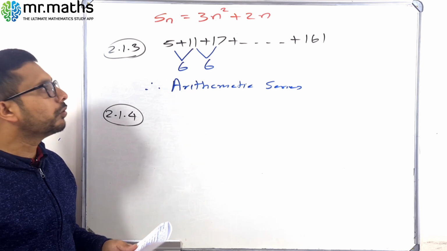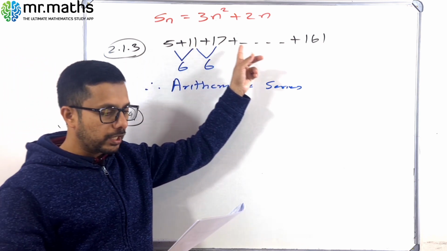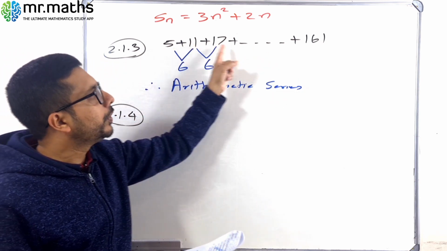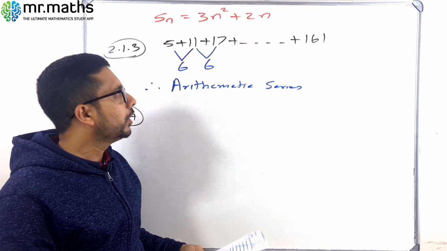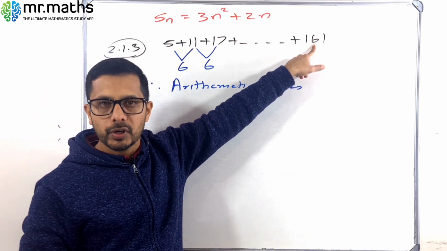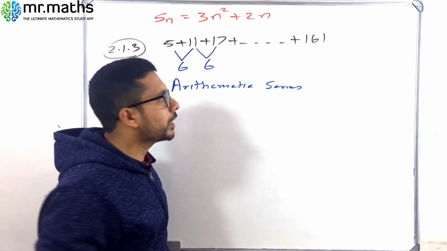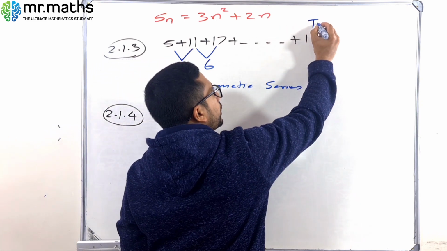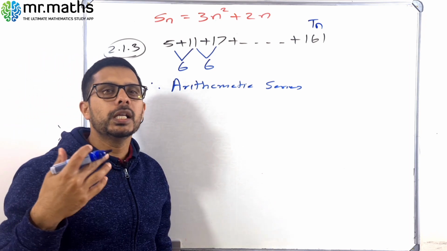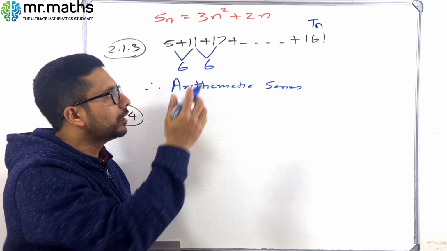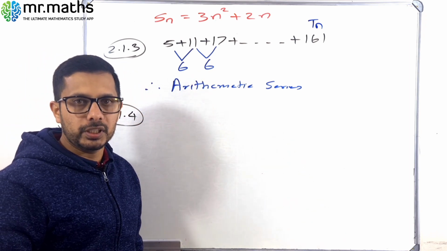Now you have to find how many terms are here. We did many questions like this. If the last term is given as 161, you have to understand that that is Tn. Am I right? Last term or nth term or general term is Tn, 161 in this case.